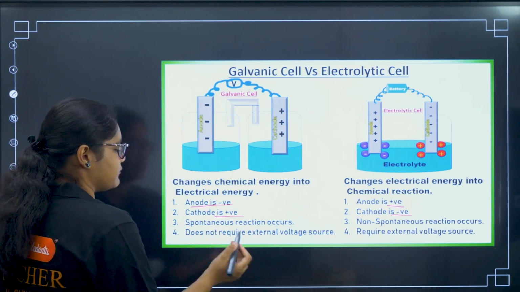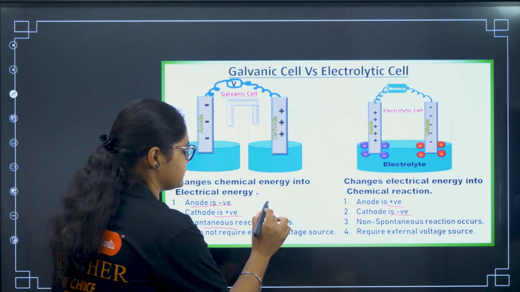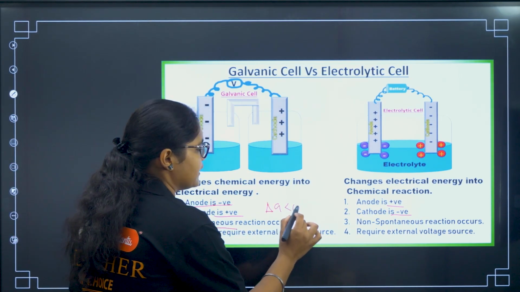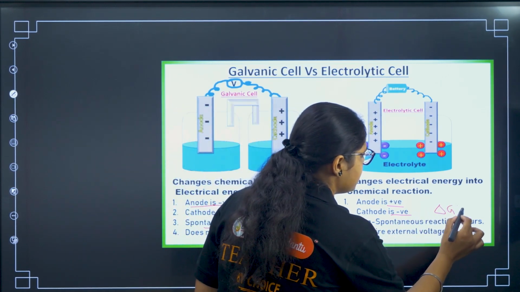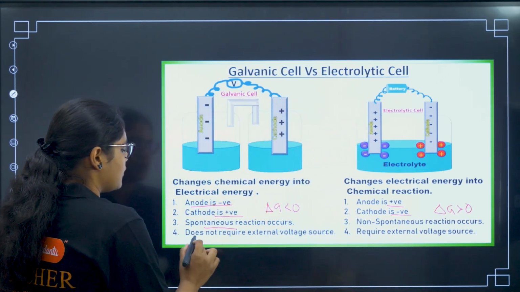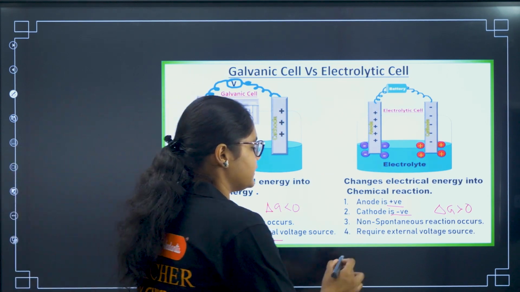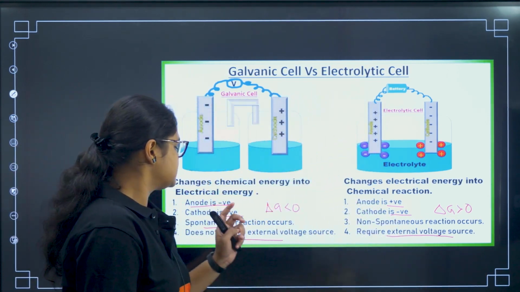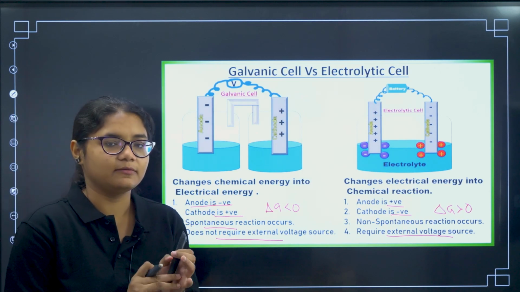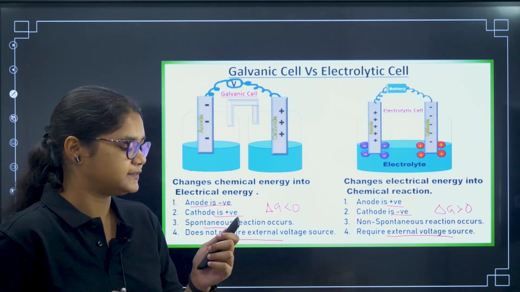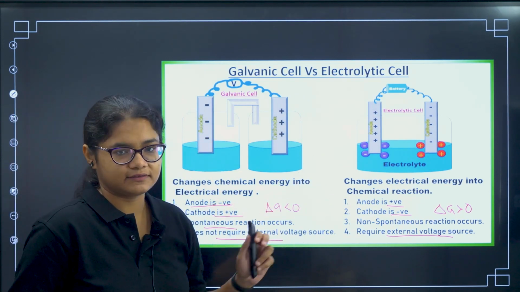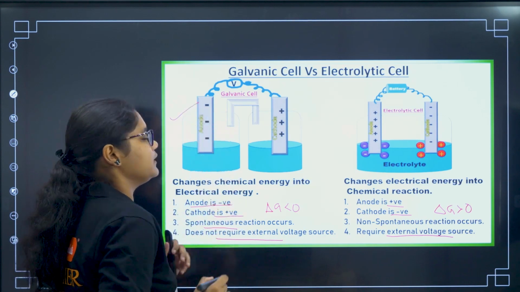And the rest 2 points I've already discussed. Spontaneous reaction, so delta G is negative here, and non-spontaneous, so delta G will be positive here. Now, galvanic cell does not require any external source because it is a spontaneous process. Here it requires an external source. So all these differences can be asked as 1 marker questions in your KCET exam. So you should remember these differences, and this diagram should be in your mind.